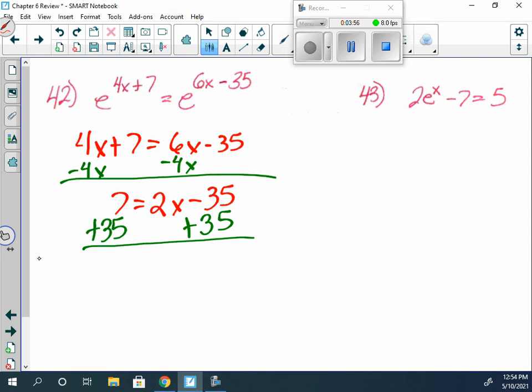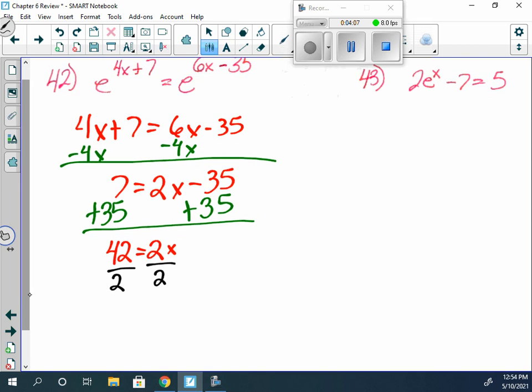We can add 35 to both sides. 42 is equal to 2x. Divide both sides by 2. And we get that x is equal to 21.